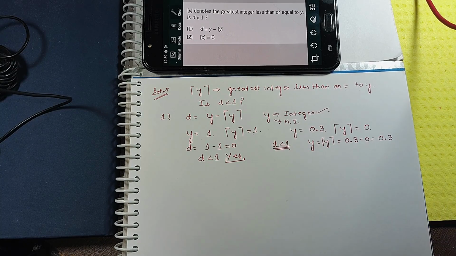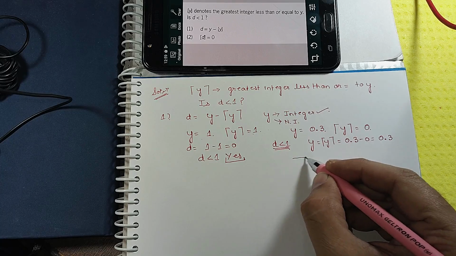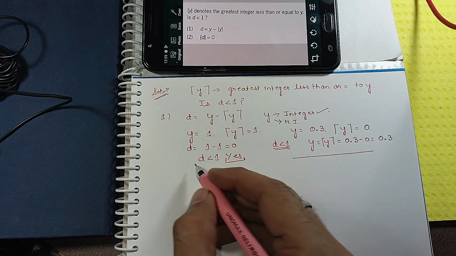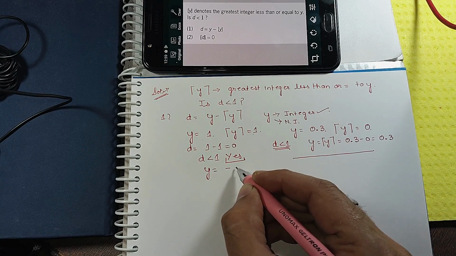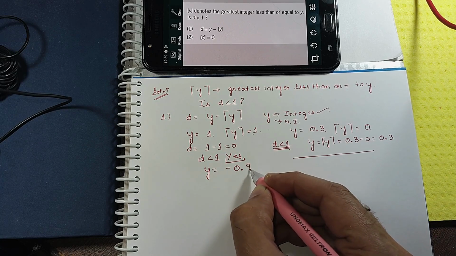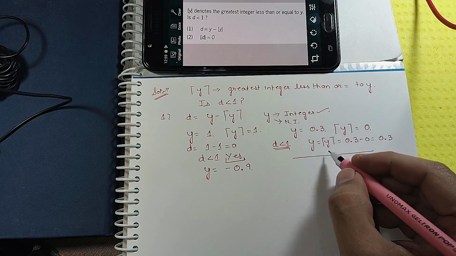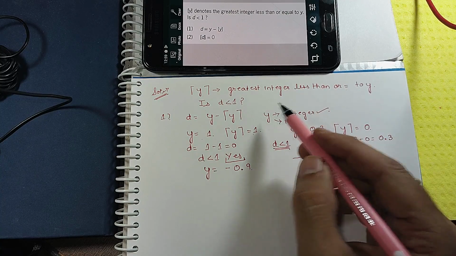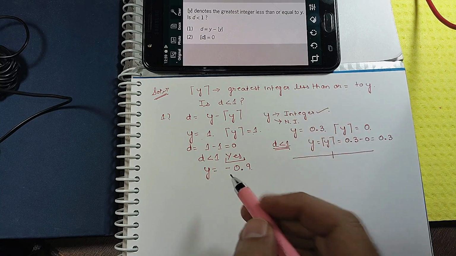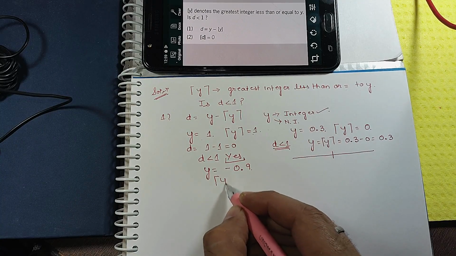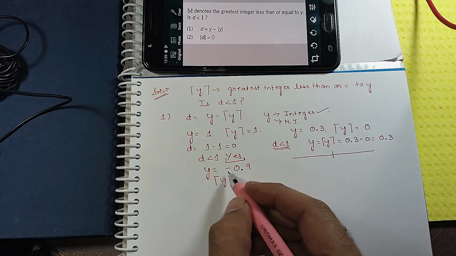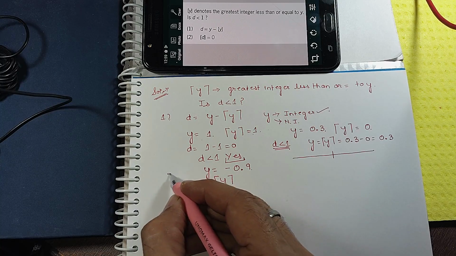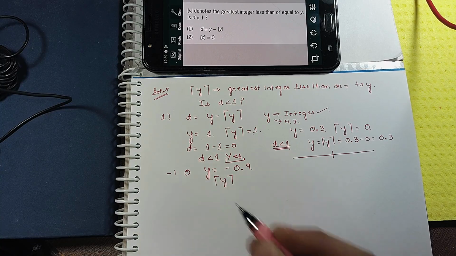Now, if we draw a number line, let us suppose another value, y equal to minus 0.9. For the number line, when I apply this operation, the greatest integer less than this: there are only two integers near to this, one is minus 1 and one is 0.